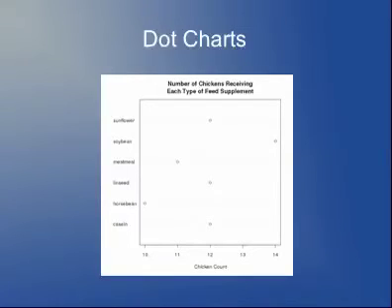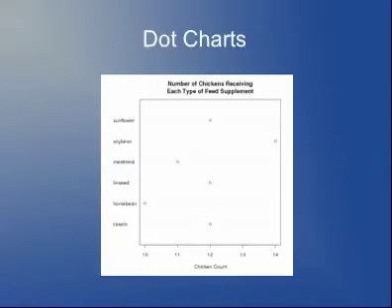The final way to summarize your categorical data is in a dot chart, and it looks like, okay, those dotted lines are still there. They're just virtually impossible to see. Not that it matters that much.